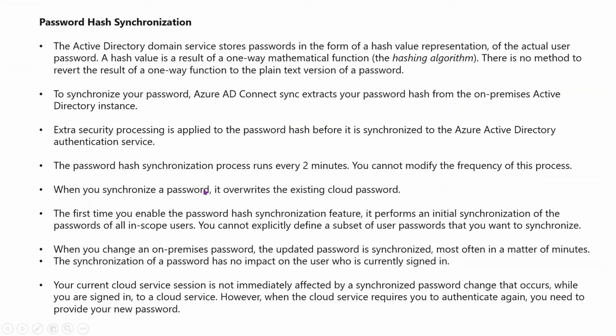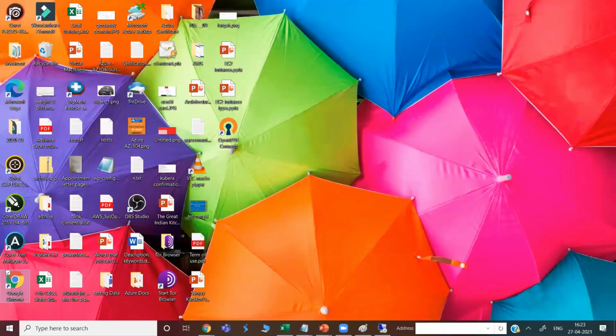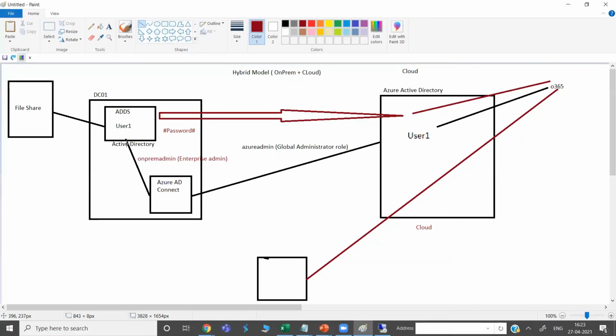When you synchronize a password, it overrides the existing cloud password. So whenever this sync happens, let's say you change the password here on user one. Now after 2 minutes, in the form of a hash, this password moves from here to your Azure Active Directory. So let's say on user one there was an old password.